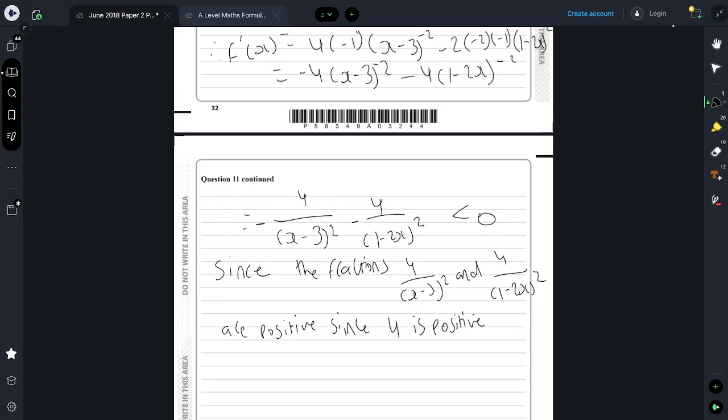You probably don't need to write that, but I'm just being a bit rigorous here. Since 4 is positive and the denominators are square numbers. So if you have to prove it, you have to be a bit careful how you word it.